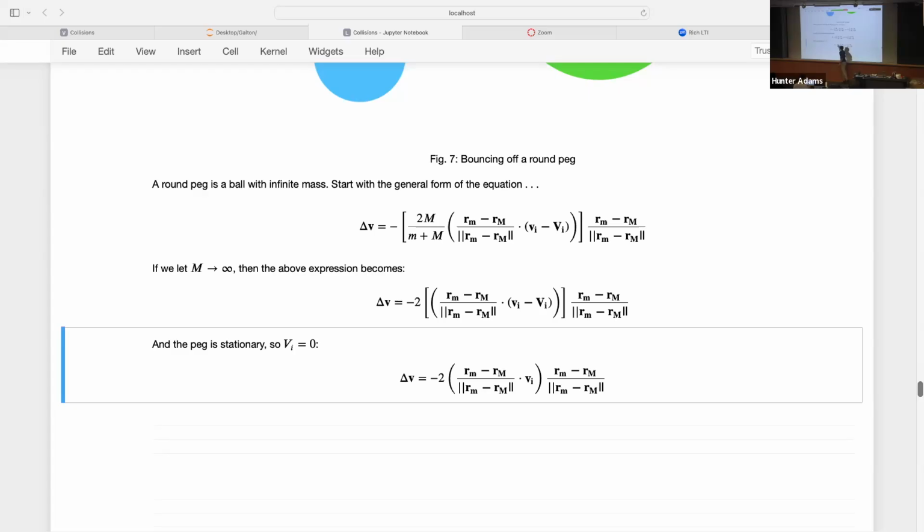Minus 2, and then in what direction? In the direction from the center of the peg to the center of the ball. This is a unit vector. So this describes our change in velocity after colliding with the peg. The change in velocity is in the direction from the center of the peg to the center of the ball because it's a normal force, so it must be.